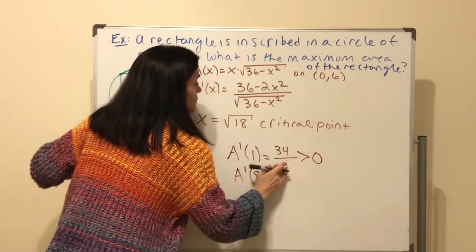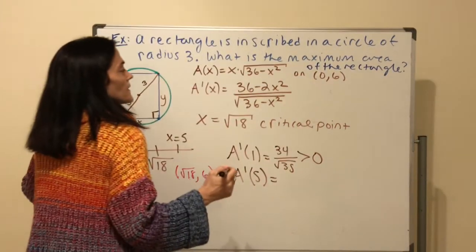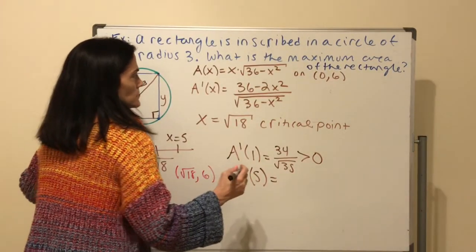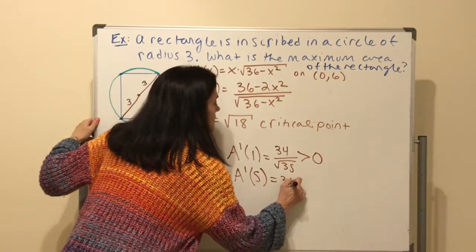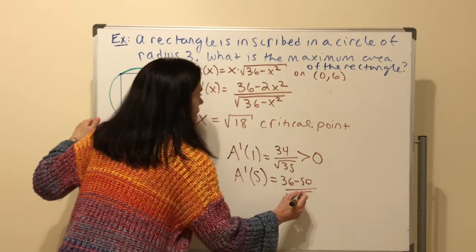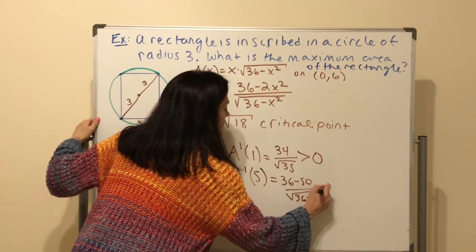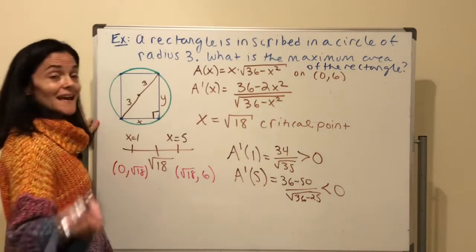A prime of 5, well, let me actually write what it is. A prime of 5 is 36 minus 50 divided by the square root of, I'll just write it, 36 minus 25. This is negative.